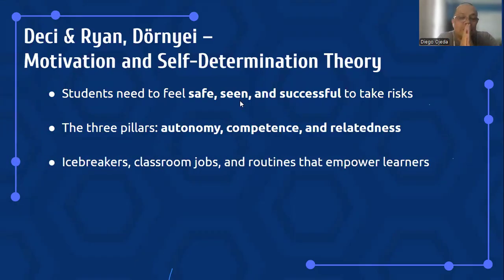And according to Daniel Pink, this author who wrote this awesome book about motivation that we all know, right? He says there are three important pillars when we talk about motivation. The first one is autonomy. It's important that our students feel autonomous. Translation for us teachers, we need to give them different opportunities to learn in different ways.